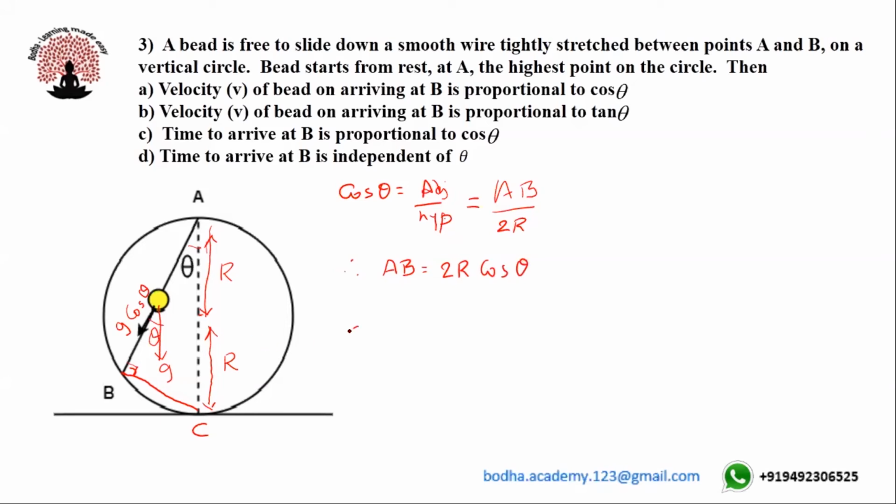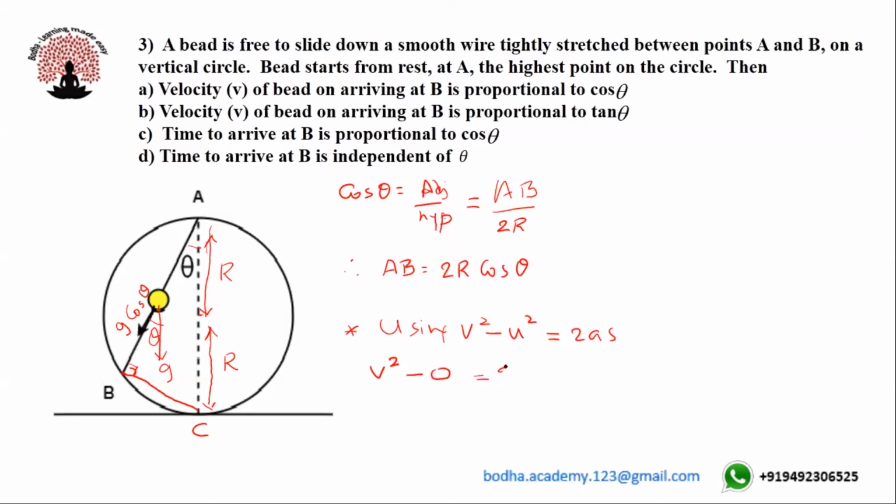Now we'll use the relation v square minus u square is equal to 2as. We are supposed to find v square. Initial velocity is 0 because the bead starts from rest.